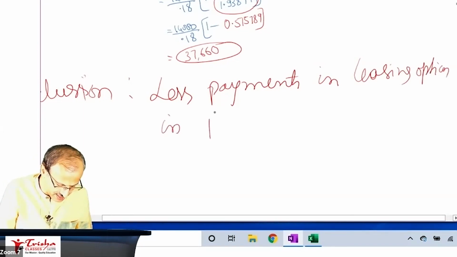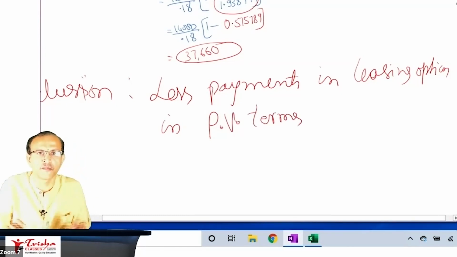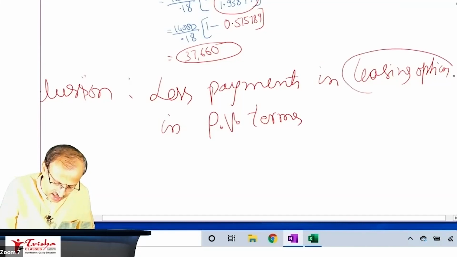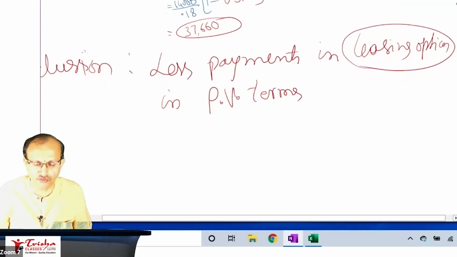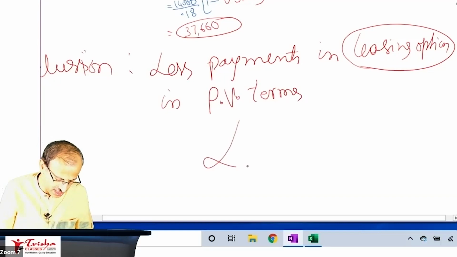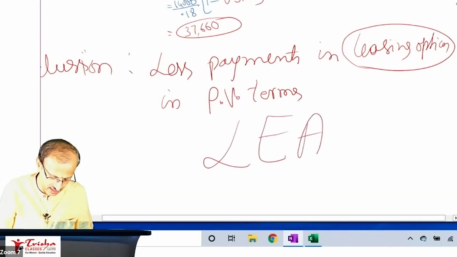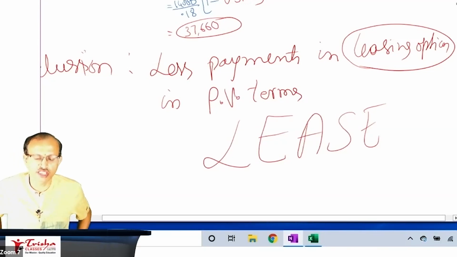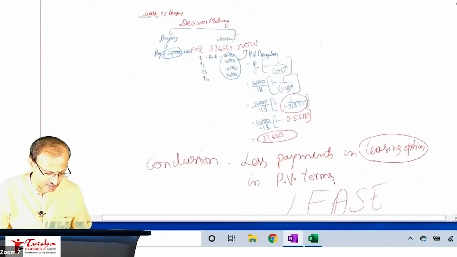In present value terms, if you take the present values, then you pay less money in leasing. Always you prefer to pay less, therefore the best option is leasing. All of you quickly conclude which one is preferred. Leasing is preferred.